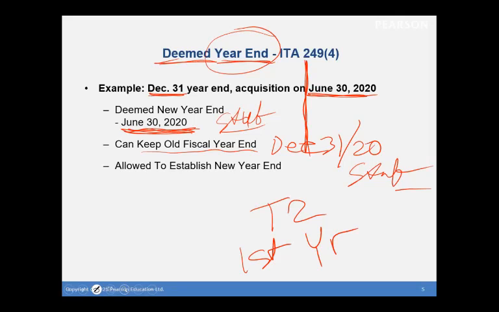So if you want to have more of your accountant's attention, then maybe have a year end like June 30th or July, and they can finish it up in the fall when they're less busy.